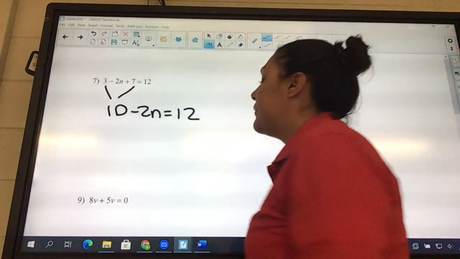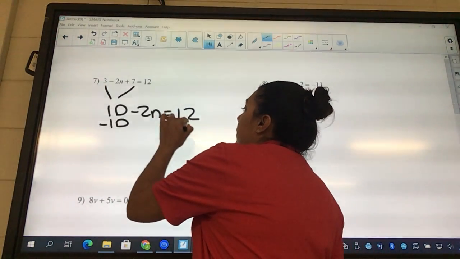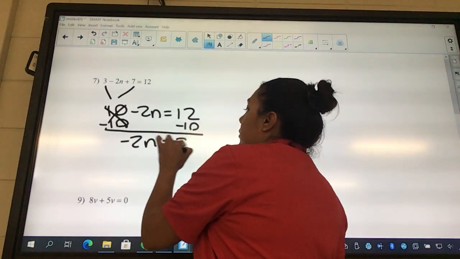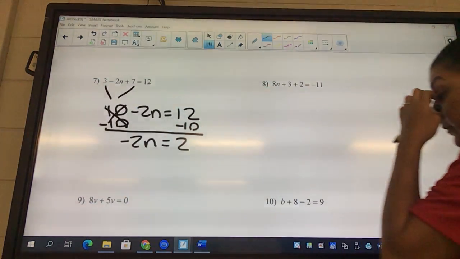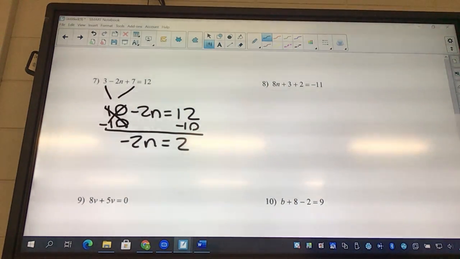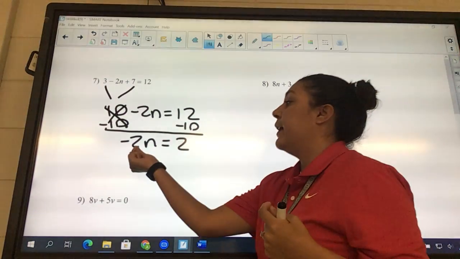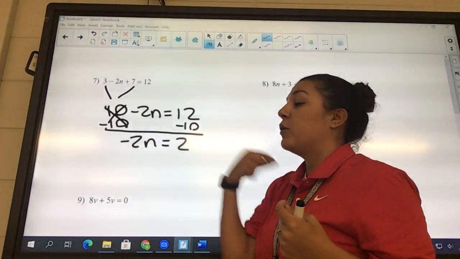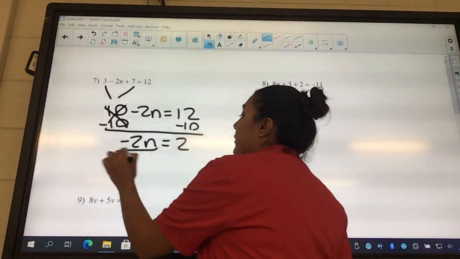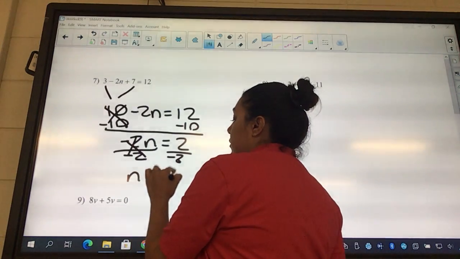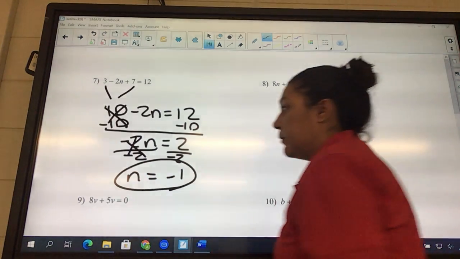It's a positive 10, so we subtract 10 from both sides. -2n equals 2. Now we're ready for our breakup. When two things are right next to each other like that, it means multiply, so we need to divide by -2. So I get n equals -1.